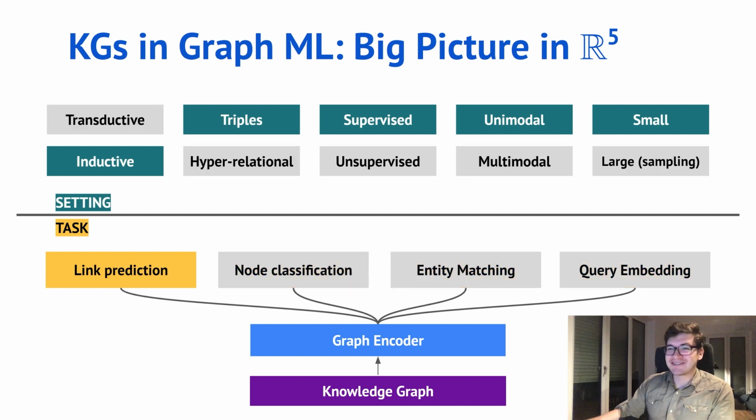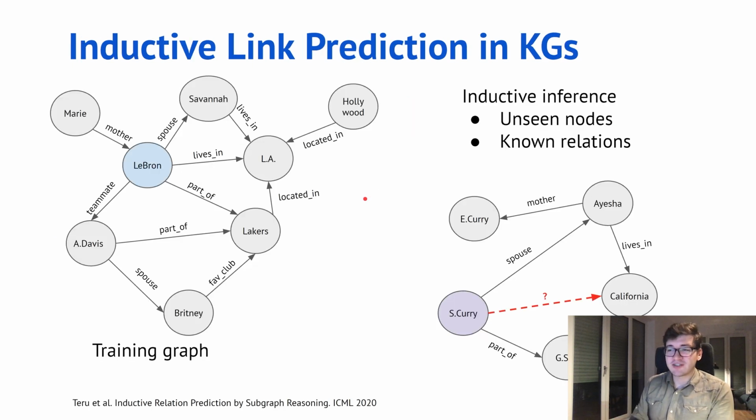All right, so let's see what exists in link prediction, inductive link prediction for triples and supervised setup. Well, this is pretty fresh setup. The work comes from ICML this year, and what's important is that in the inductive part you have unseen nodes but known relations.